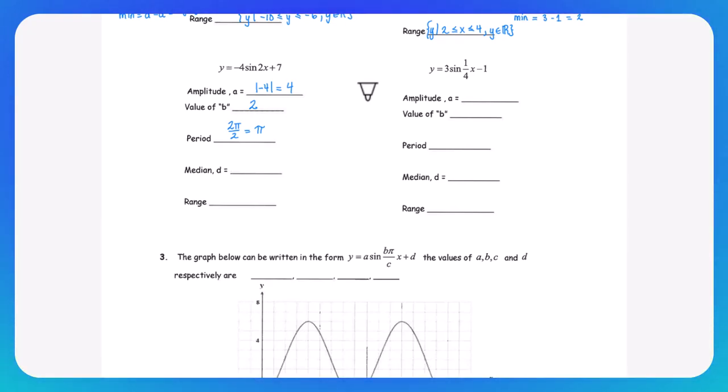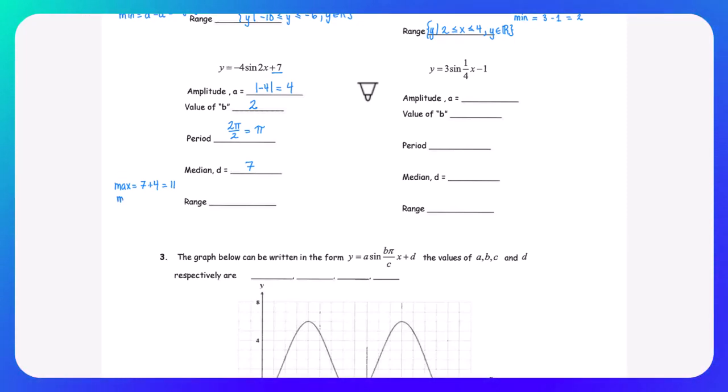The median value is that on the end there. That's the average. And that's 7. So let's go ahead and find those max and mins for the range. So again, the max equals the D value, which is 7, plus the amplitude. That gives us 11.